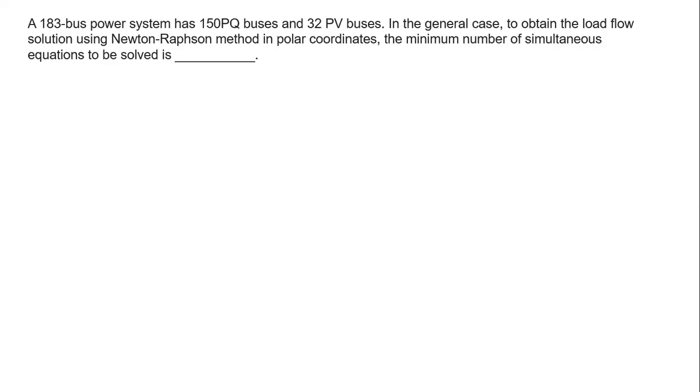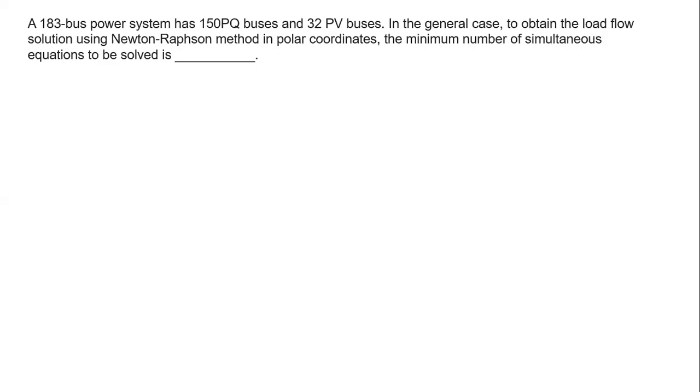There are 183 buses in a power system, and out of 183, 150 are PQ buses and 32 are PV buses. In the general case, to obtain the load flow solution using the NR method in polar coordinates, what I have explained, what is the minimum number of simultaneous equations to be solved?